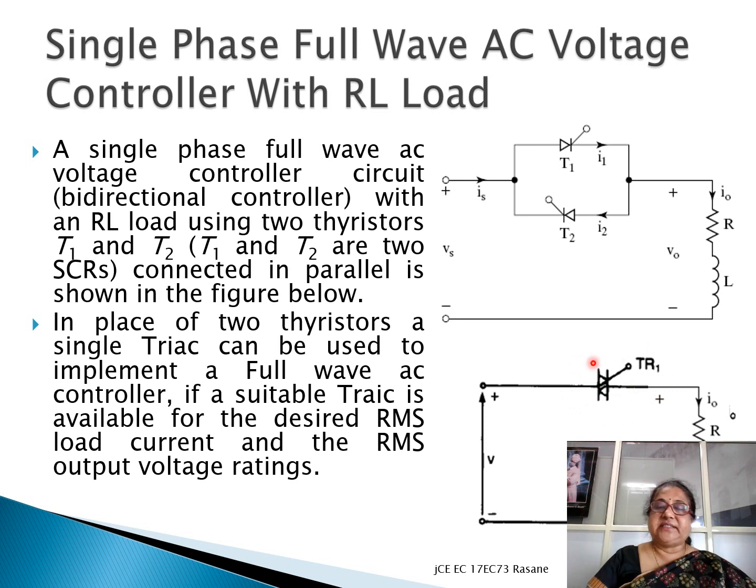The triac is itself a bidirectional device, and instead of using two thyristors, I can use a single triac. I explained this during the R load, so the same thing can be used for the RL load. And whatever is the functionality, that is input fixed AC to variable AC at the output, can be got using the triac.